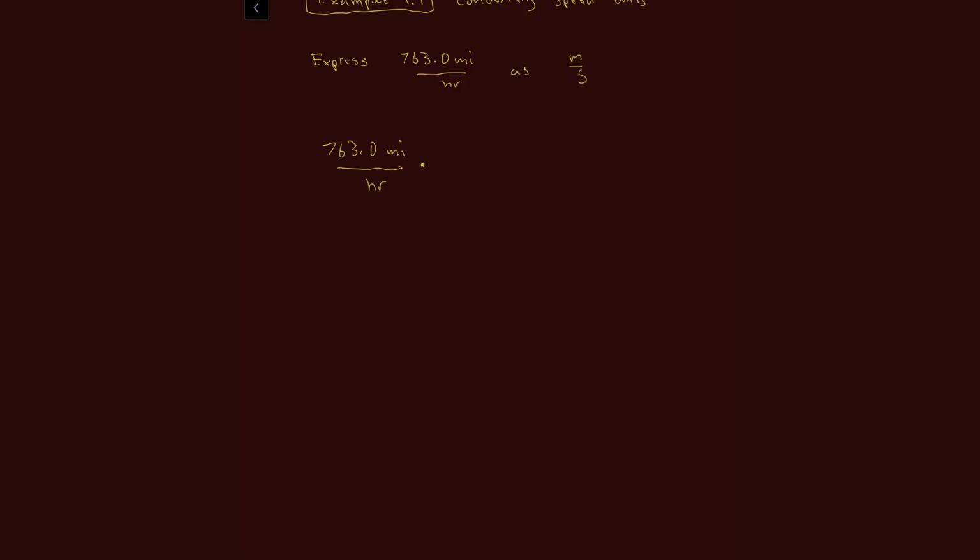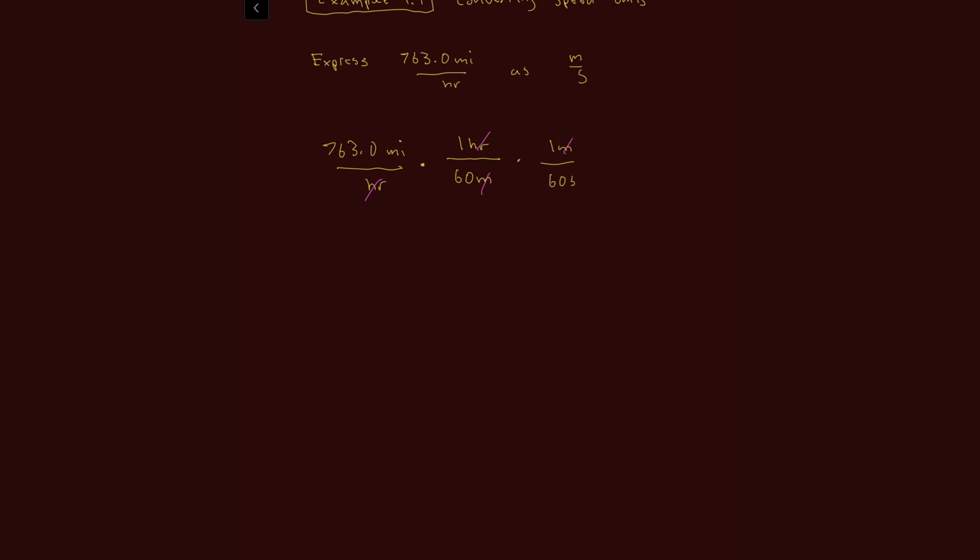All right, so we're going to convert miles to meters and hours to seconds. I'm going to start off with hours to seconds because it's easier. So we know that in 1 hour, there are 60 minutes, and in 1 minute, there are 60 seconds. So as you can see, these hours are going to cancel out, the minutes are going to cancel out, and it's going to leave us with seconds at the bottom.